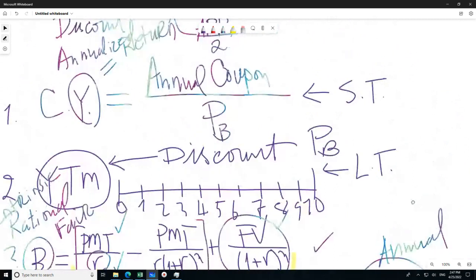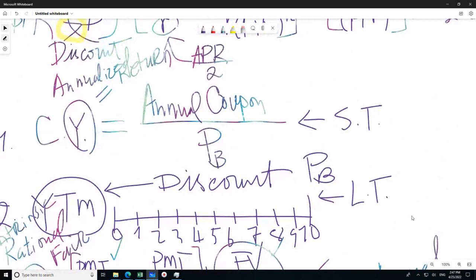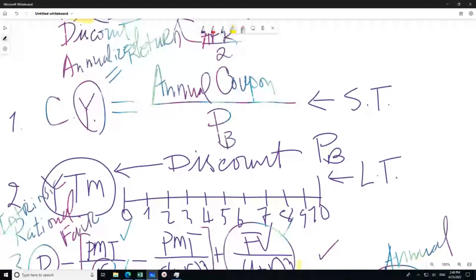Now, as opposed to that, current yield is, I already said that. If you think about it, it's the maximum return you can get from holding the bond for 1 year. And what would be the maximum return? Annual coupon is the maximum cash flow from holding the bond for 1 year. Isn't that right? And if you want to hold this bond, you have to pay the market price. There's no other way. So that's your initial investment, and you will have this cash flow.